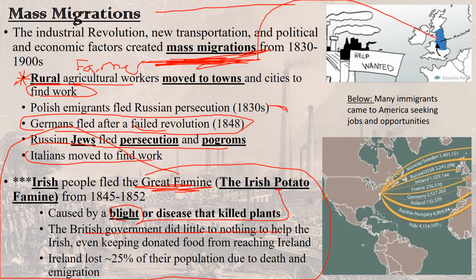And they lost 25% of their population. Many dying from death, and then many others fleeing to America and other countries to find jobs and food. And Ireland only recovered back to its pre-famine population in the last couple years.